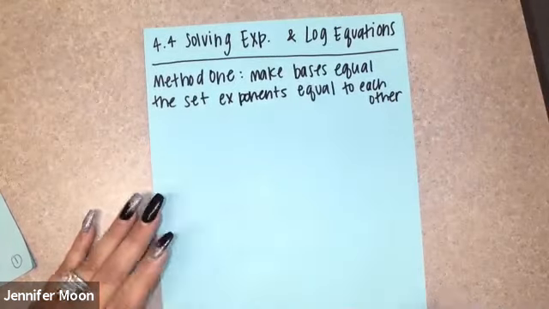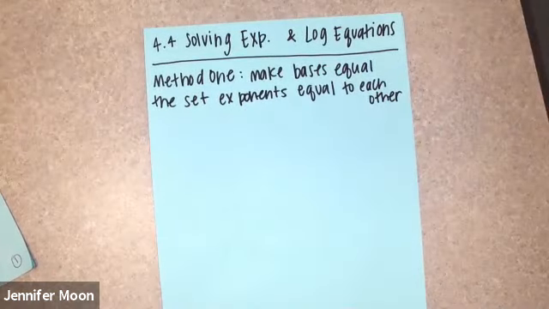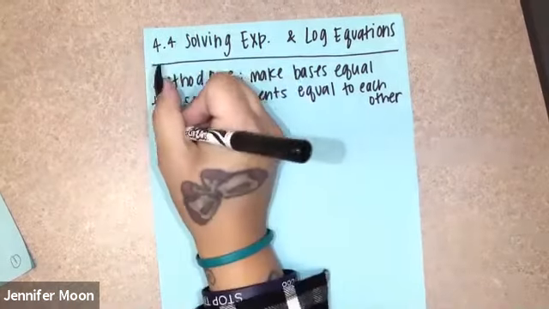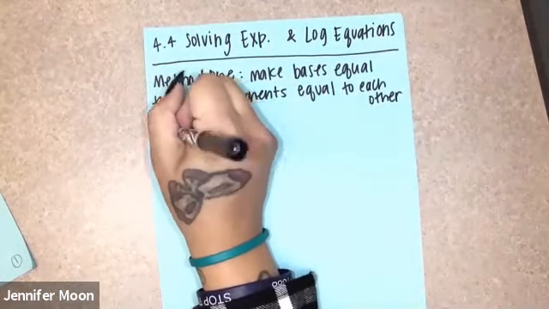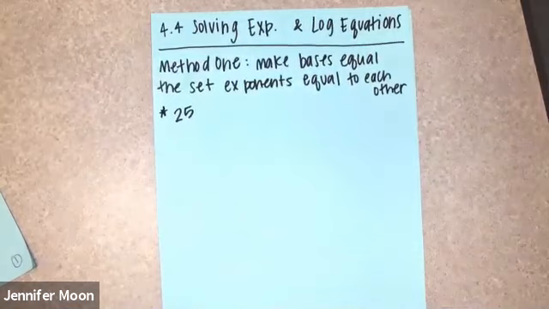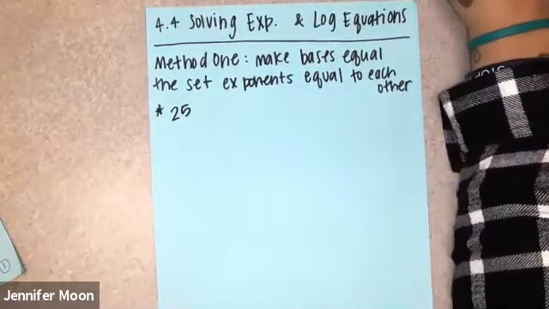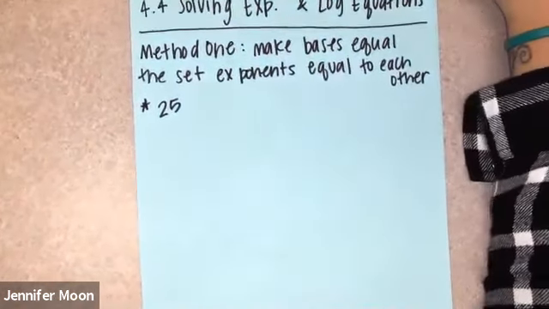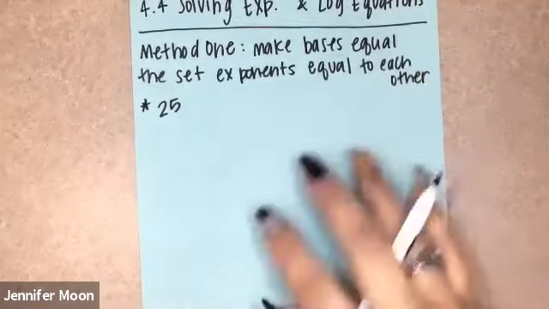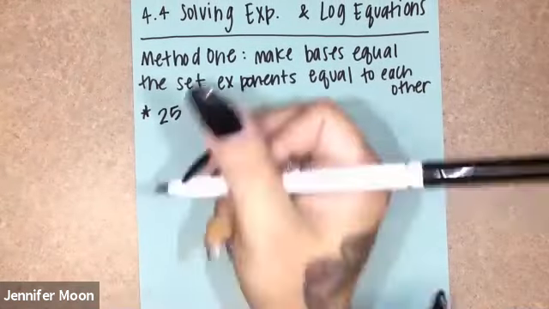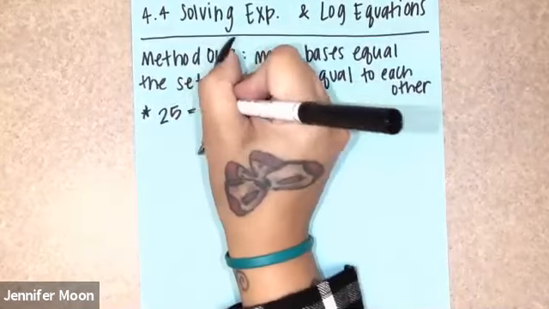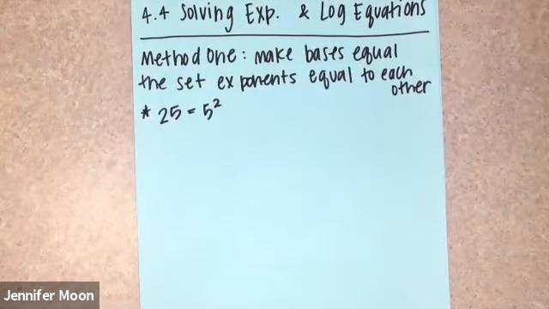And so what I mean by making the bases equal to each other, say we have 25, but what we need to do is write this as a base of 5. So wouldn't I just write that as 5 squared, right?